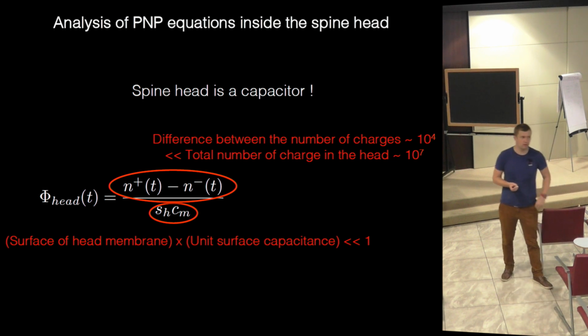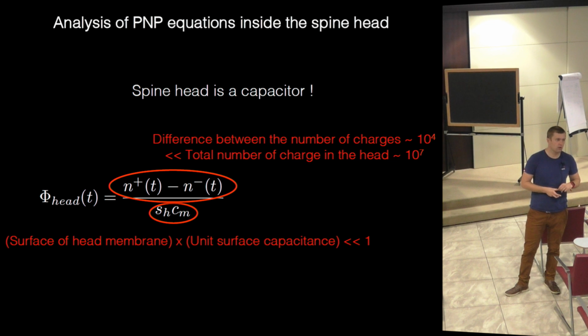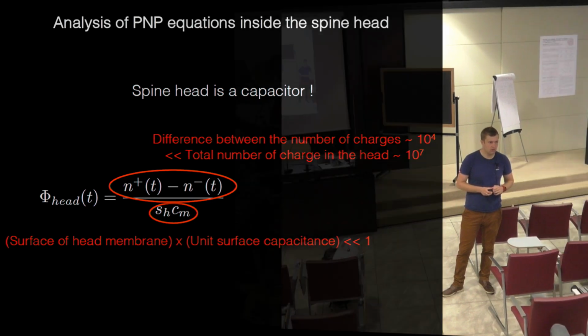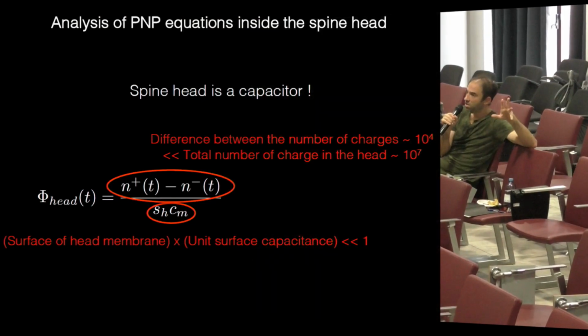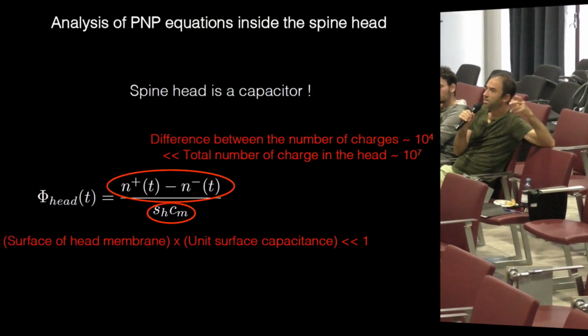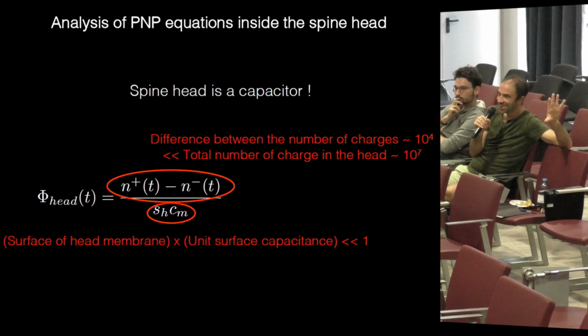So this is a relation that you obtained from the analysis of first order term, is that correct? Yes. Okay, so phi represents the potential in the head. Yes. And plus represents the total number of positive charge in the head. Yes. And minus is the total number of negative charge in the head.